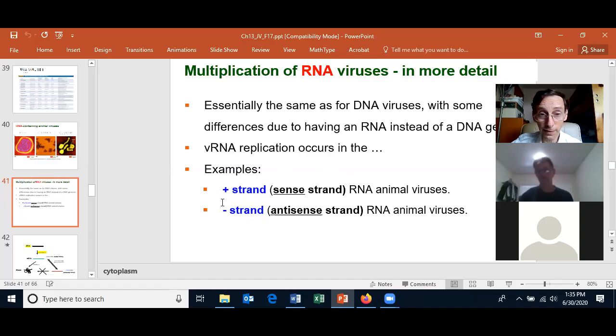On the other hand, if you're a negative strand RNA, that's your genome, you make the positive strand, and then you use the positive strand to make more of your negative strand genome.